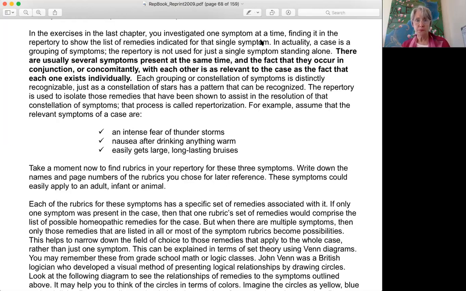So, a case, anything that a person needs is based on more than one symptom. So usually a triad of symptoms is a minimum. Have you guys heard the idea of the three-legged stool? That a remedy selection should be like a three-legged stool.